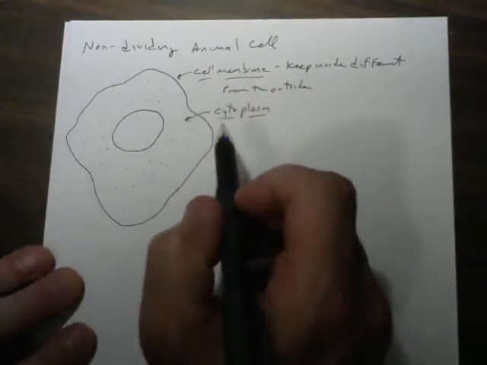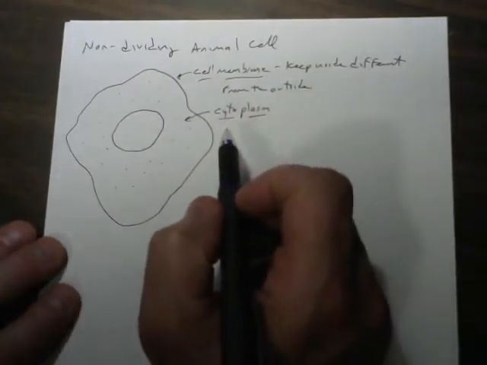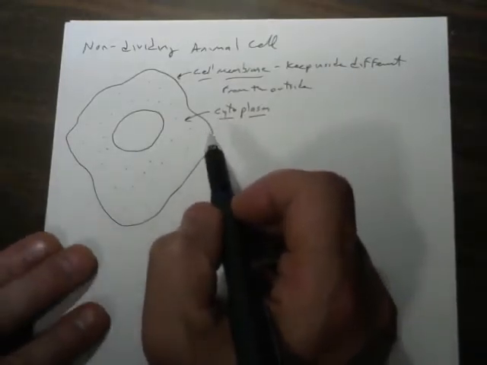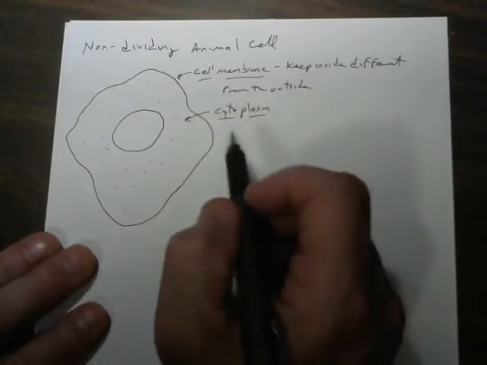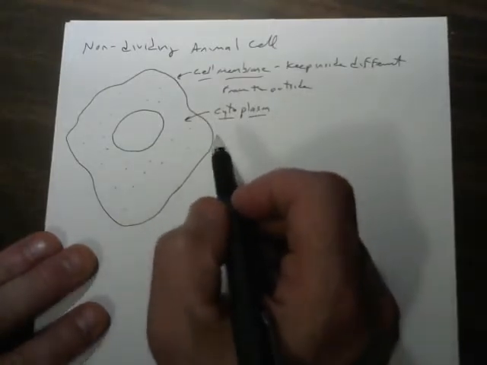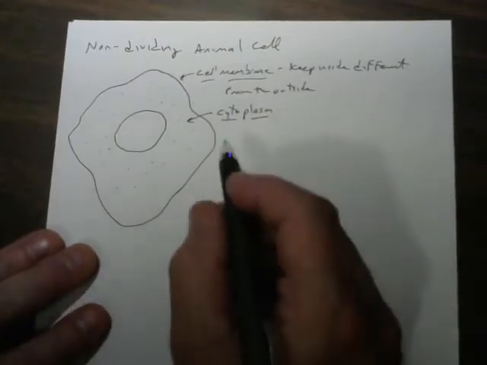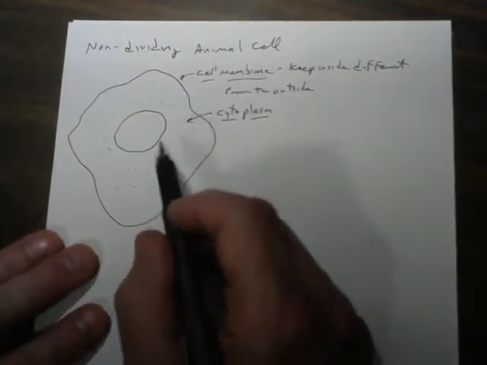In your textbook, they'll describe the cytoplasm as the watery matrix of the cell that all of the organelles are floating in, right? That really doesn't give it the credit that it should have. Really, this is where most of the metabolic reactions of the cell are going to be taking place.